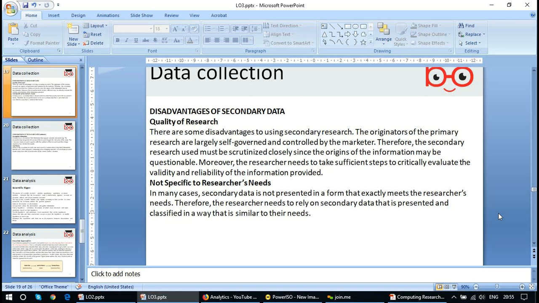Then not specific to the researcher's need. It cannot be that whatever research you want to do would be useful for your specific need. Maybe the topic you are doing is, let's say, 10% relevant to another research, but the remaining 90% is not relevant to you. That's a common thing.